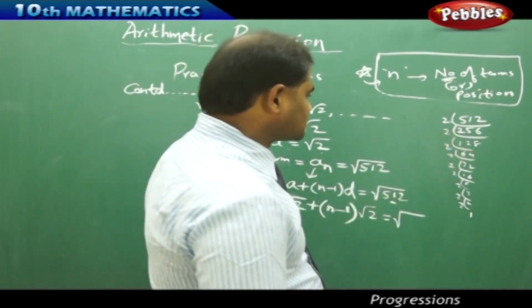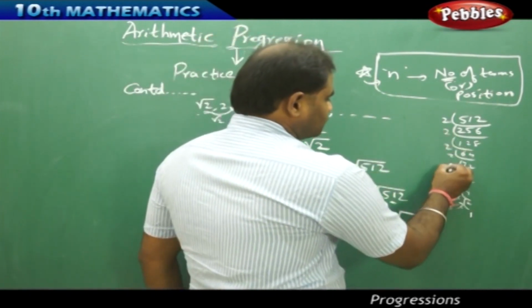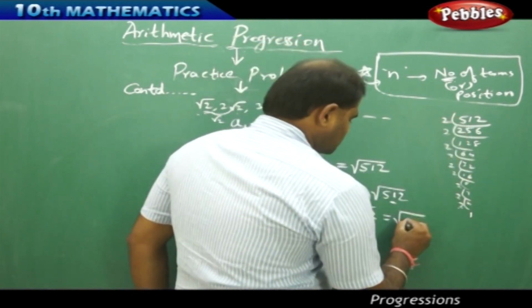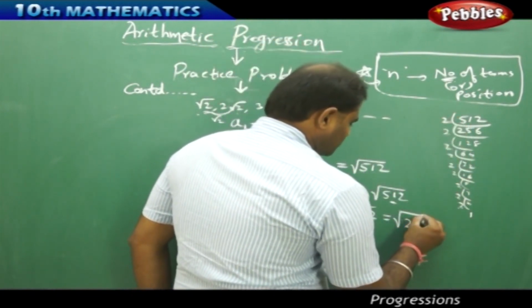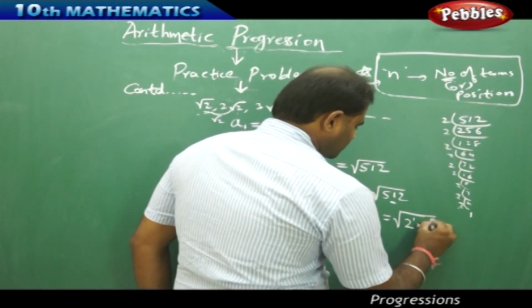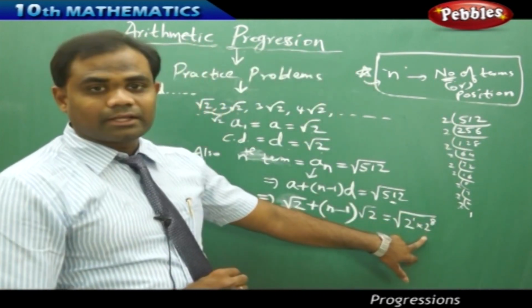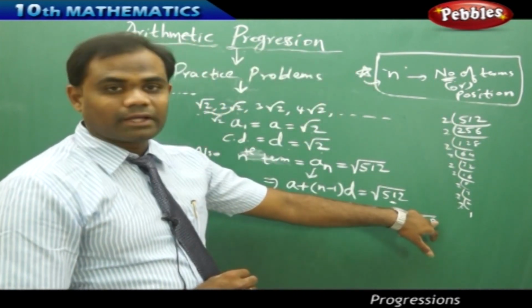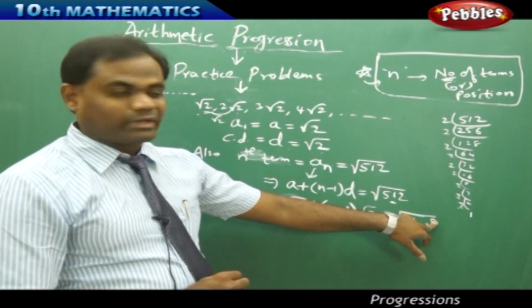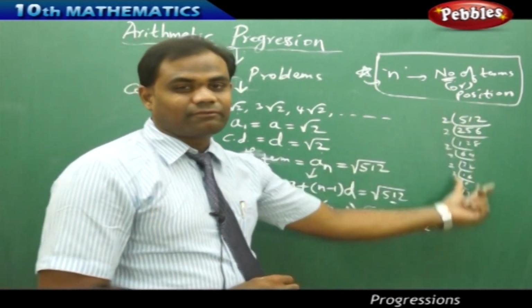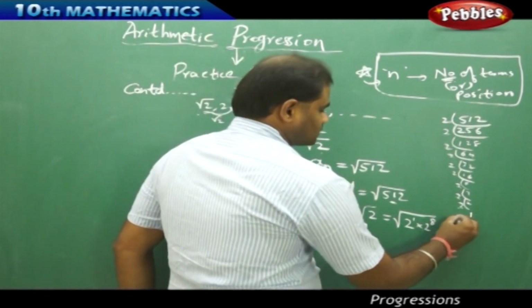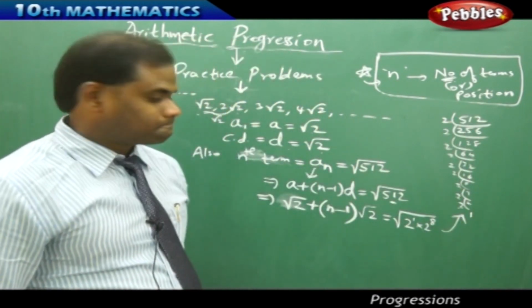I can write it as 1, 2, 3, 4, 5, 6, 7, 8, 9. I can write this as 2 power 1 into 2 power 8, because 2 power 9 can be split as 2 times 2 power 8, using the prime factorization method.